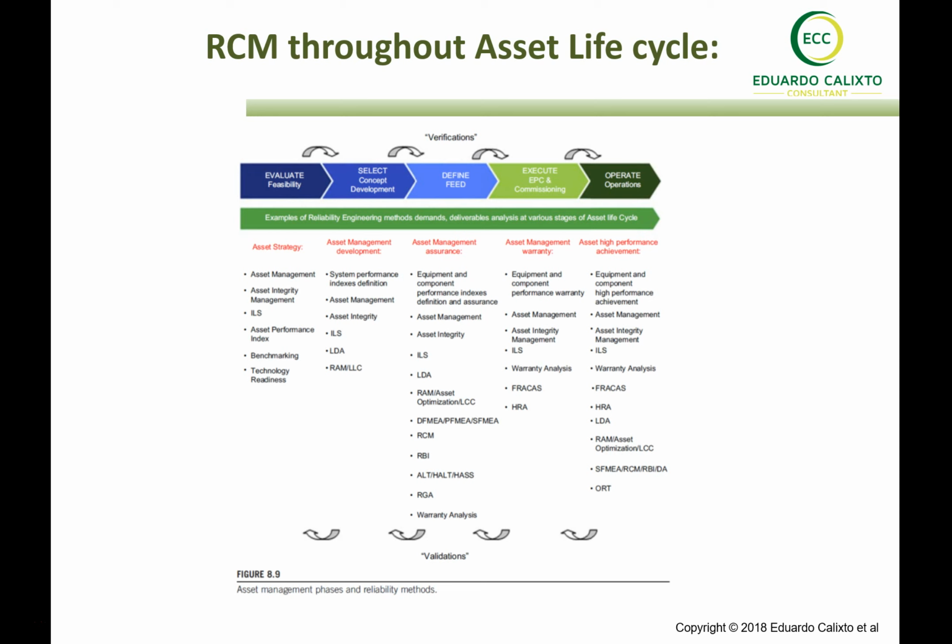The most important thing concerning RCM is that we start to carry out some RCM analysis in the design phase, and during the operational phase, we get such information defined in the RCM and include it in our asset management in order to achieve high performance and keep such high performance along the operation.